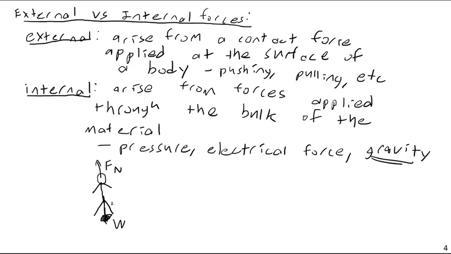But usually we're not concerned about extraterrestrial gravity. We're not concerned with any other gravity except the pull of the Earth downward, because everything else is negligible in most cases.